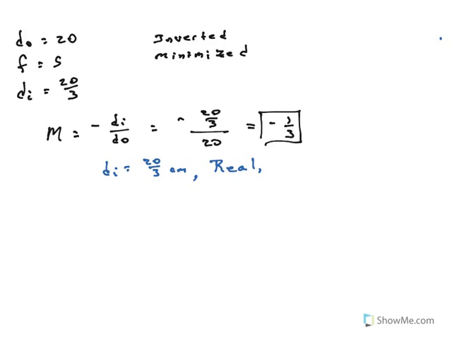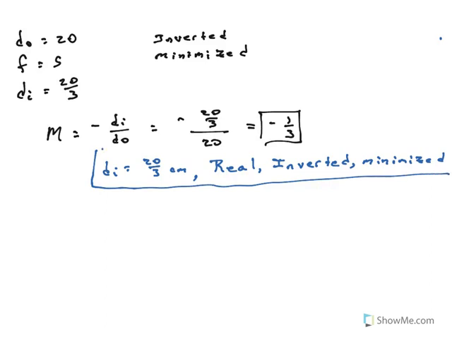I then calculated the magnification. I got negative 1/3. The fact that it was negative tells me it's inverted. And the number itself of 1/3 tells me this is a smaller image, so it's minimized. So that'll be my answer.